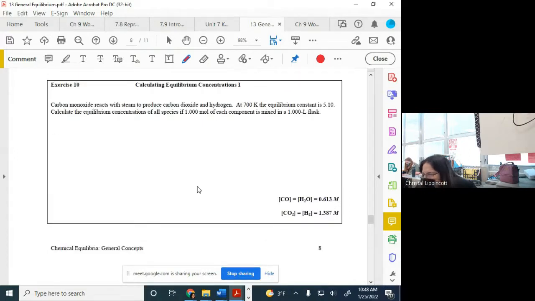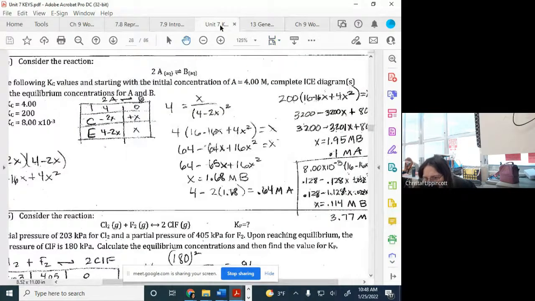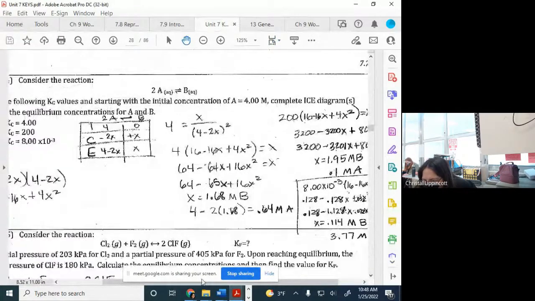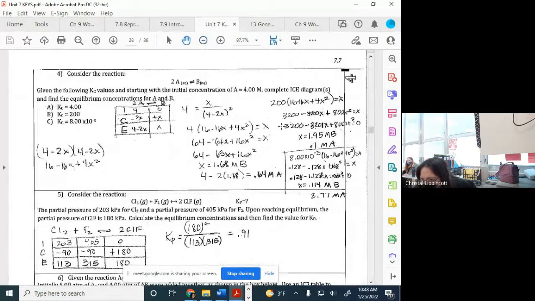All right. What's your next question? Is it this guy? Does this look right? So this is one that you would have had to use the quadratic equation for, because they didn't give us a way to solve for it otherwise.